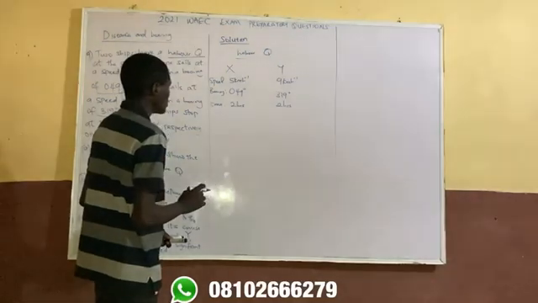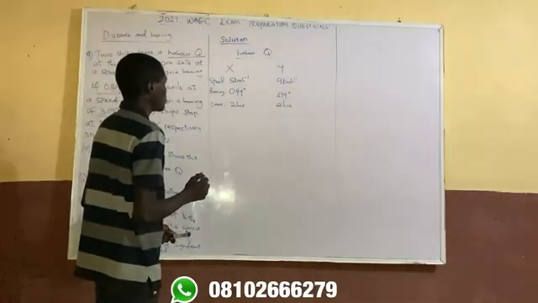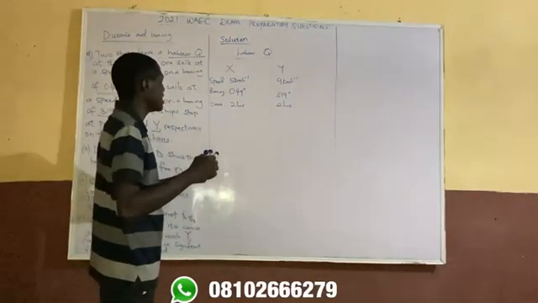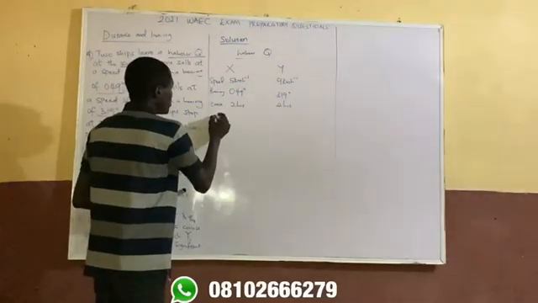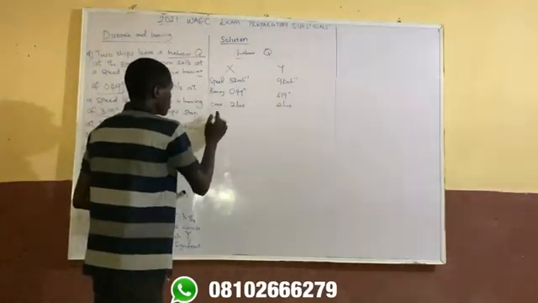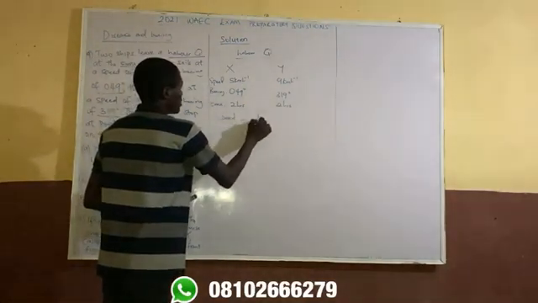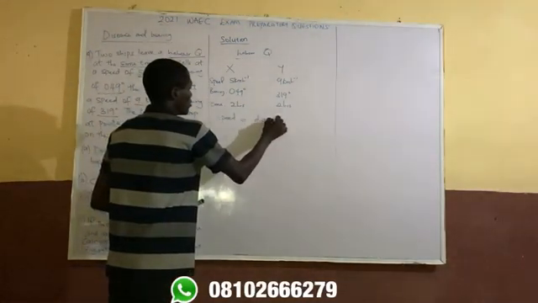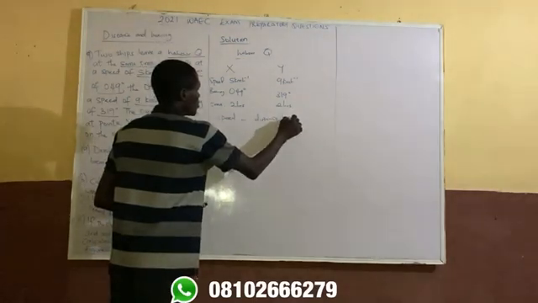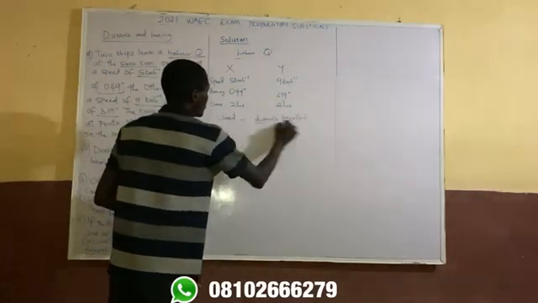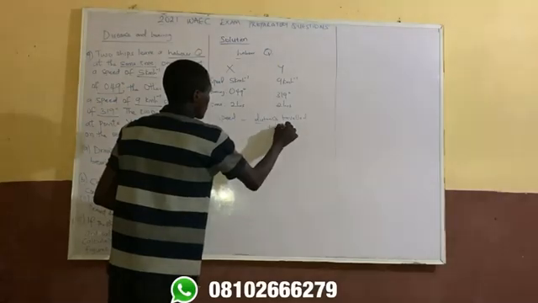How do we get the distance from this? There's a formula that links the speed and the time together. The average speed, or speed, is given as distance traveled over time taken.